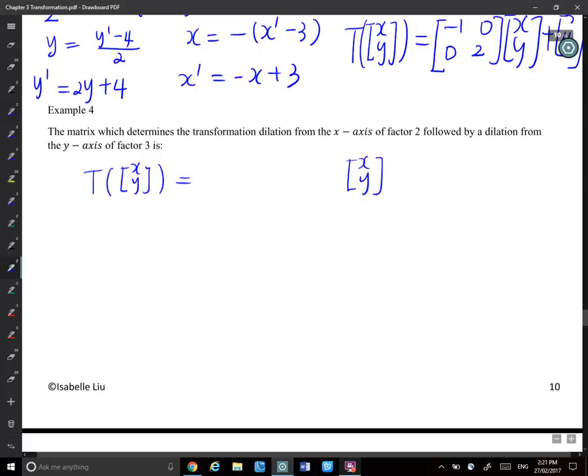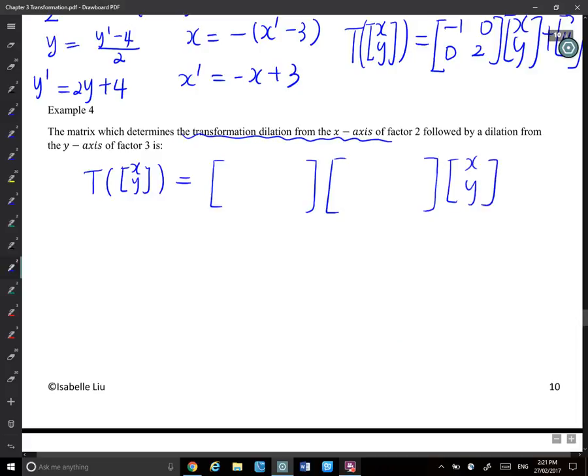What's the first transformation? The first transformation is the dilation from the x-axis of factor 2. So it's changing the y value. So that's 1, 0, 0, 2. That's the first matrix.